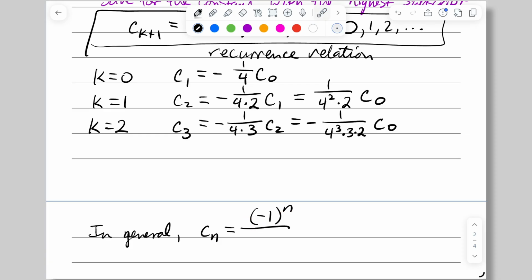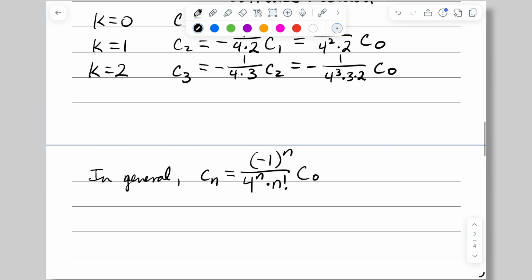And then we have a power of 4 in the denominator. The exponent matches the subscript on c, so we have 4 to the n. And then if you just play this out a bit longer, you'll see that this 2 and then the 3 times 2 is going to be represented by a factorial. It's n factorial. All that times c sub 0.